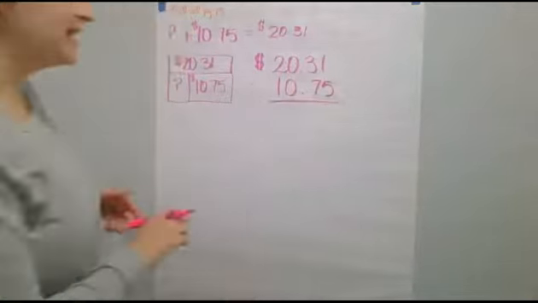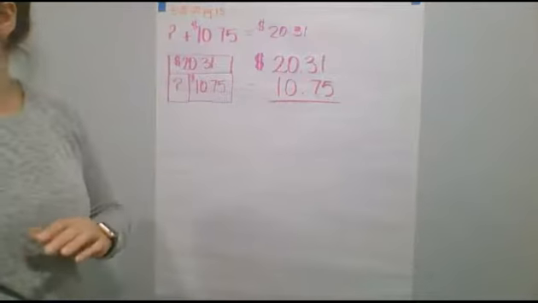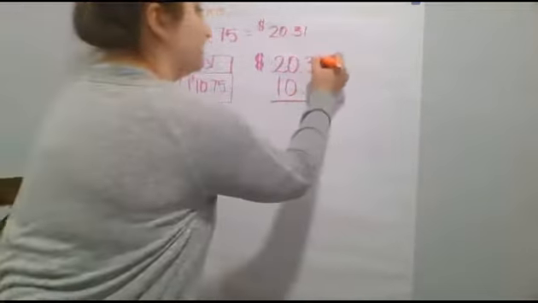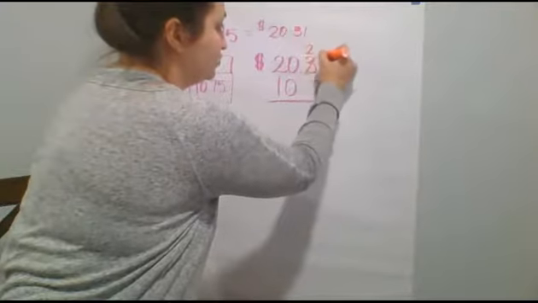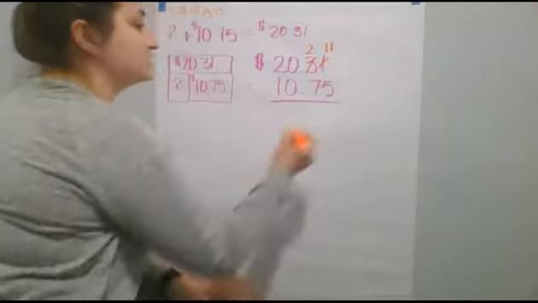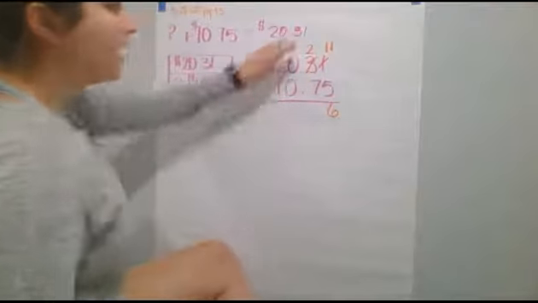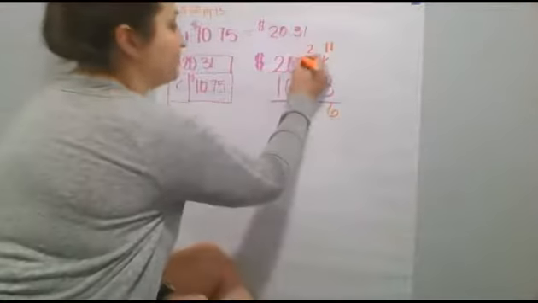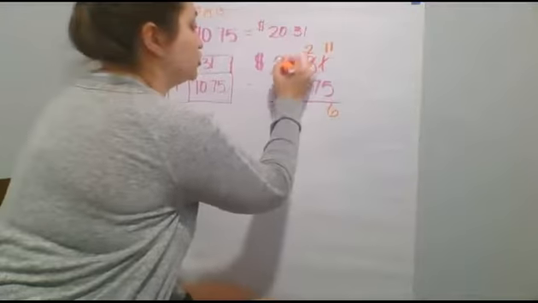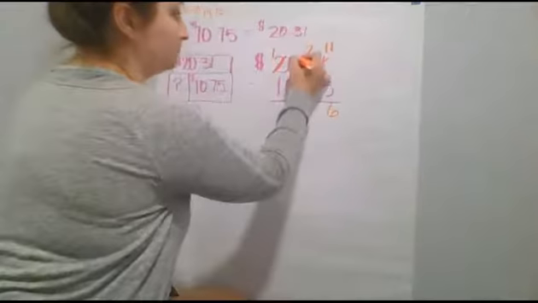I can't do 1 minus 5, so I'm going to borrow from the 3 to make that 1 into an 11. This becomes a 2, this becomes 11. 11 minus 5 gives me 6. I can't do 2 minus 7, so I need to borrow, but I can't borrow from the 0, so I'm going to go all the way over to the 2, and that becomes a 1.